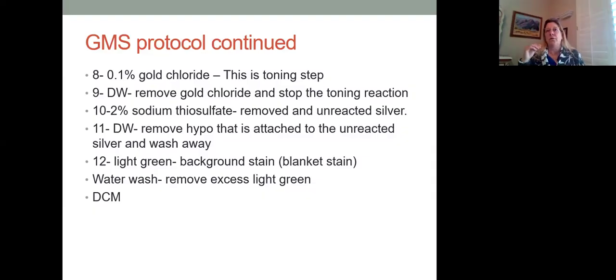If your fungi are a light brown, if it's sort of a silvery brown color, you probably need to take a couple more dips in your gold, and then go back into the water and check it microscopically. If your fungi are red, you have overtoned.